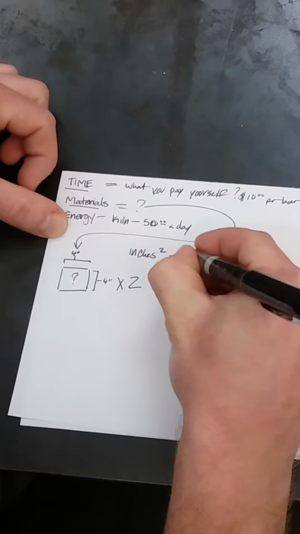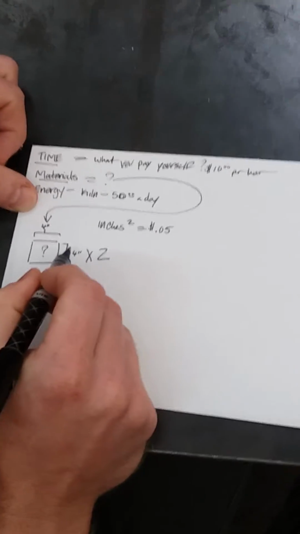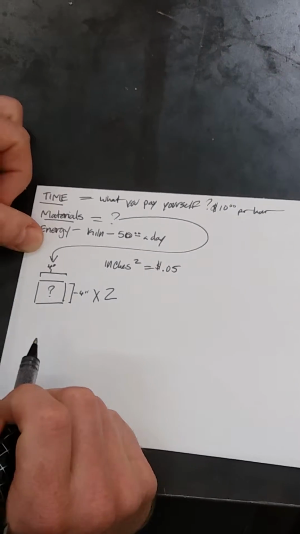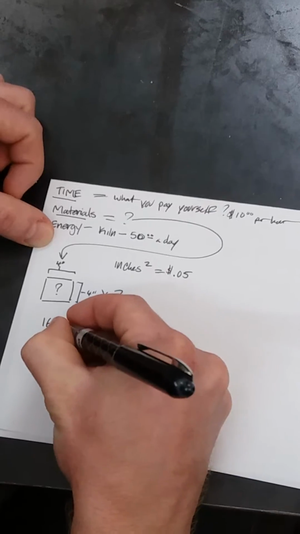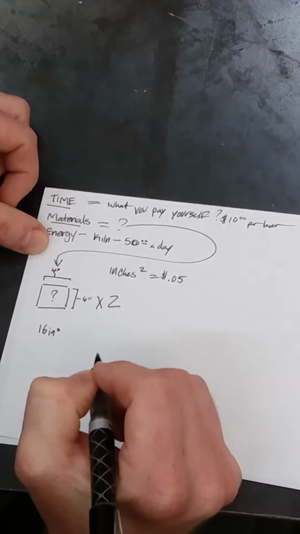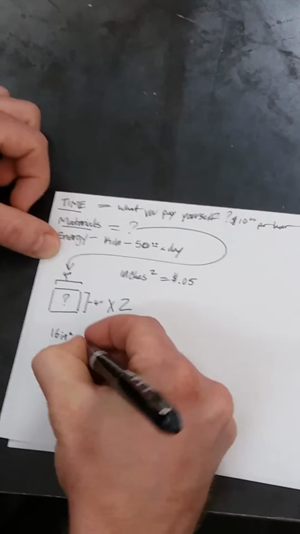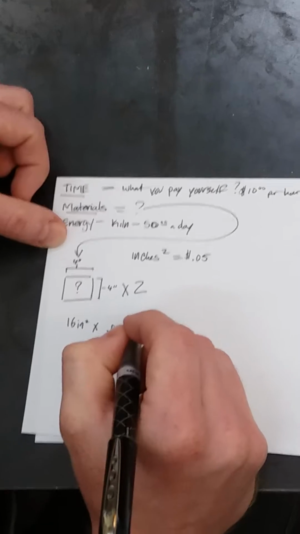So to get our cost for materials, we take 4, multiply it by 4 to get the area, and that equals 16 inches squared. We take our 16 square inches and multiply it by 0.05. What does that equal?